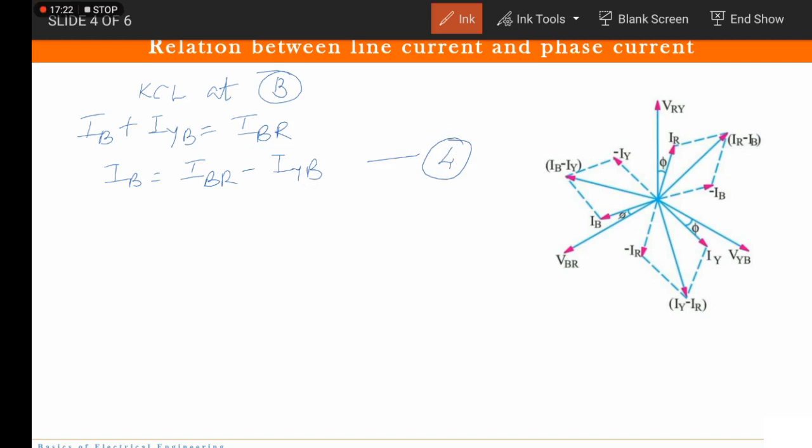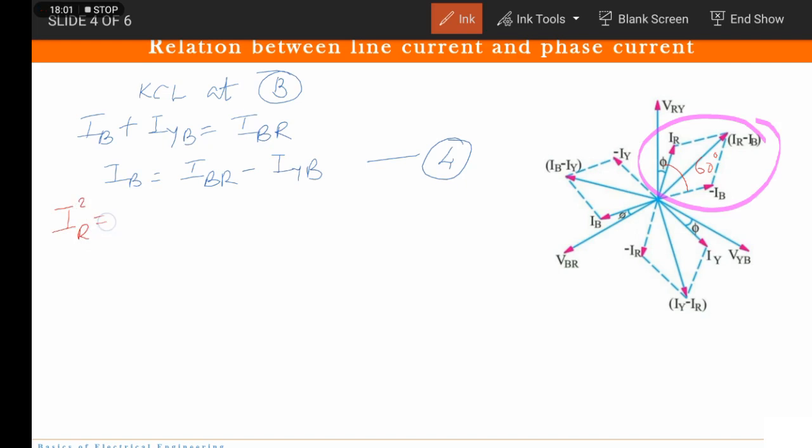Fine? Now again this resultant can be found out with the help of a parallelogram. So what we are going to do is apply the parallelogram law. And the phase difference is 60 degrees. I told you that this phase difference is 60 degrees, right? So now we will use the law of parallelogram. By using that law, I can write, we have done that in star connection.